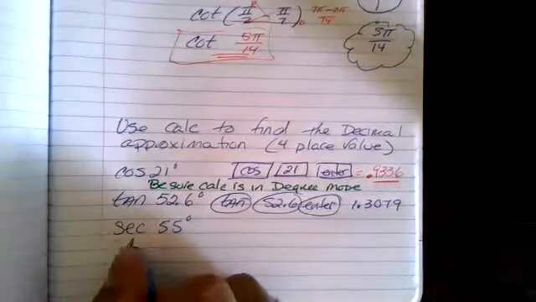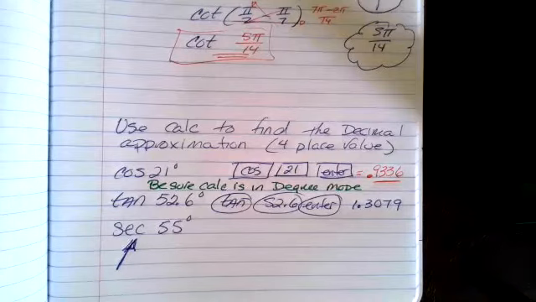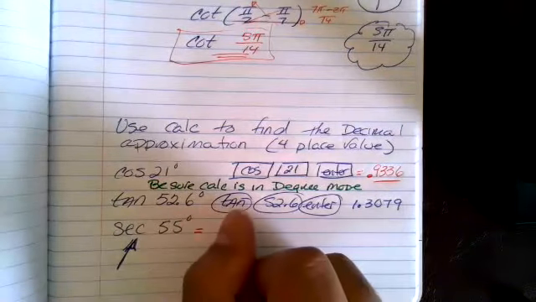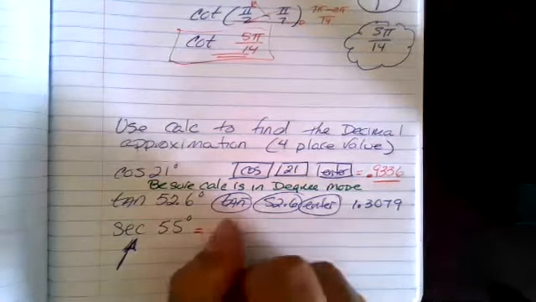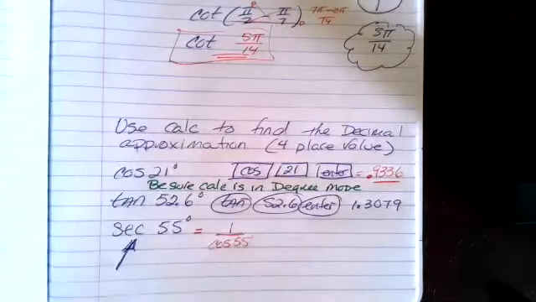This one's a little trickier because it's a secant, and we don't have secant on our calculator. So we're going to have to rewrite this in terms of sine, cosine, and tangent. So secant is the reciprocal of cosine. So this would really be 1 over cosine 55.